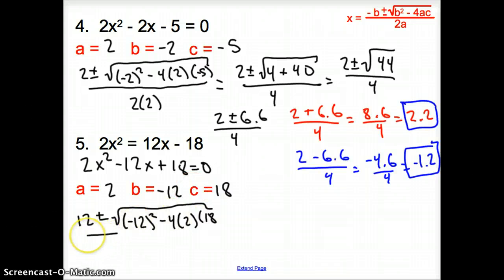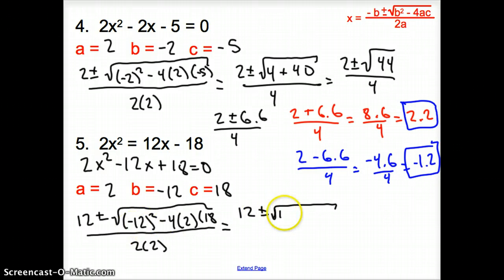And again, this is all over 2 times 2. We're going to clean this up a little bit. We have 12 plus or minus the square root of 12 squared, which is 144. Then all of this is minus 144. That all goes over 4.